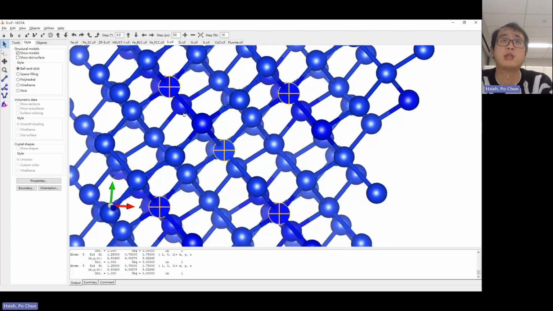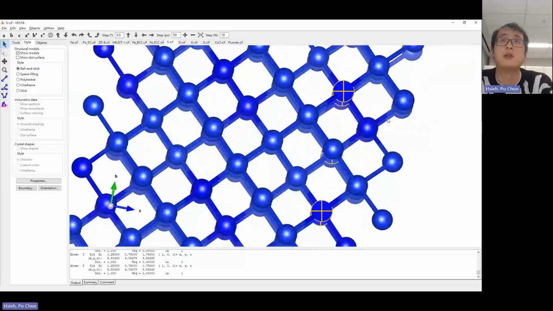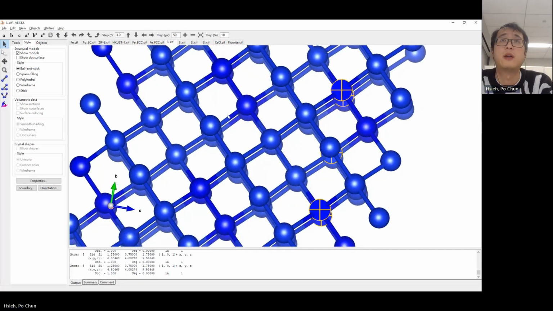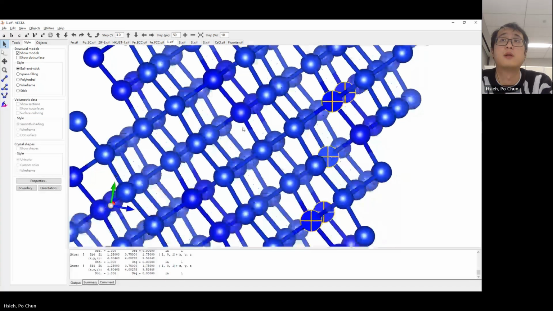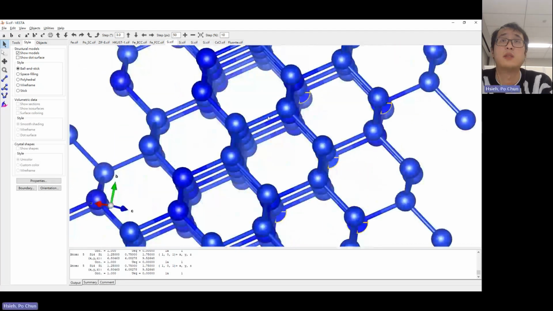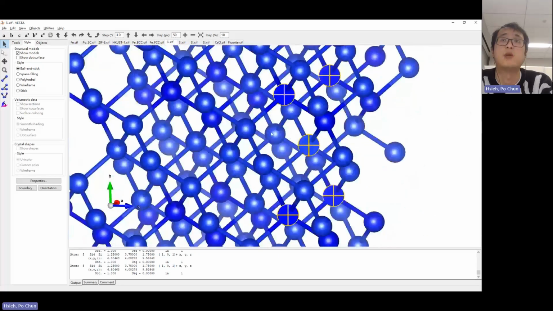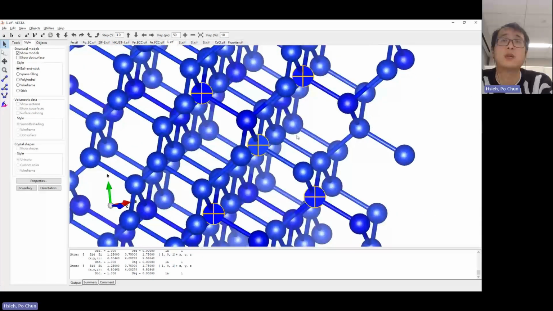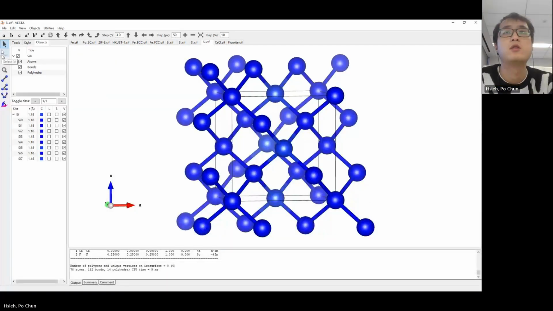Now we can do this process on another face here, and another face here, and then we can find out that, oh, it is actually a face centered cubic. So I mentioned that we have two different types of silicon in silicon crystal. And I also showed you that the equivalent points of the crystal structure of silicon are arranged in the manner of face centered cubic, right?